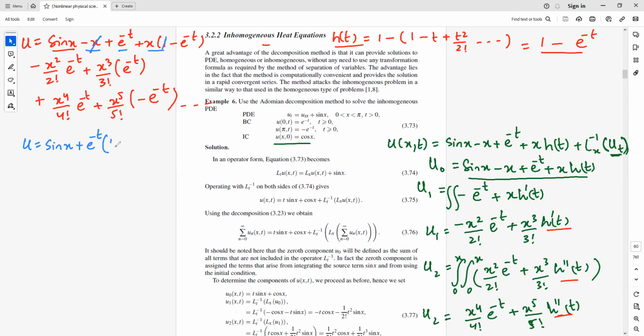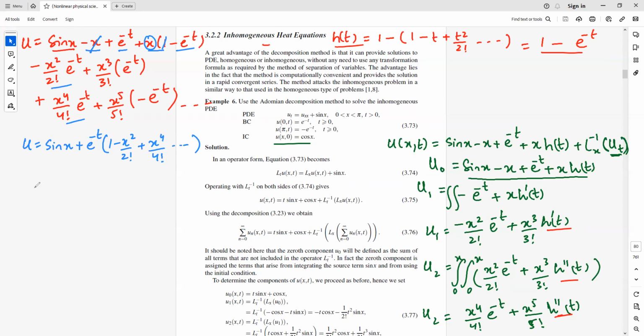so this we will get 1 minus x squared over 2 factorial. This one, then this one, positive x power 4 over 4 factorial and so on. And again, x times, then this one x times, so negative e to the power negative t.